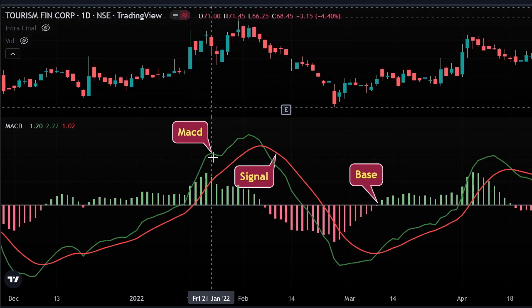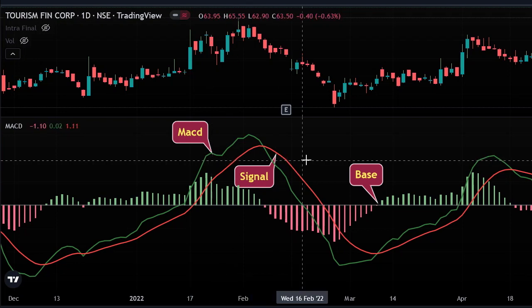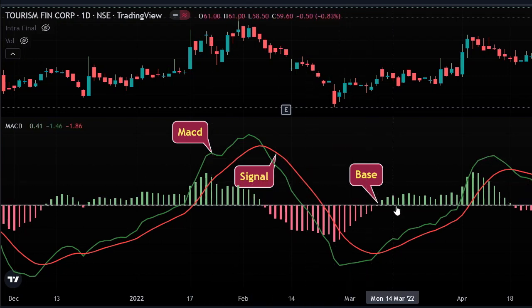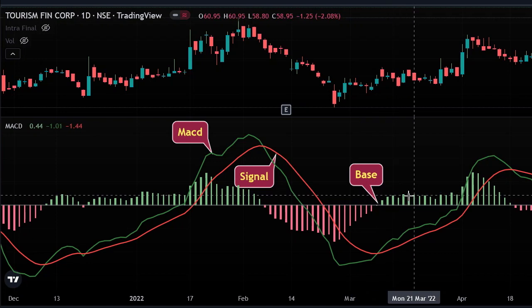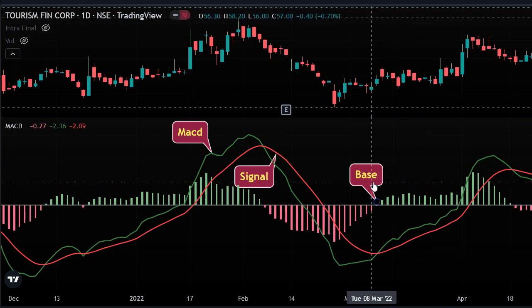Yes, signal is calculated on MACD. Then we have a base which is known as the zero line, and the histogram is plotted on this baseline. The histogram is actually the difference between the MACD and signal line.